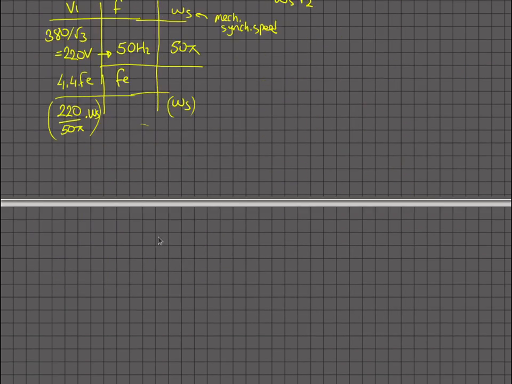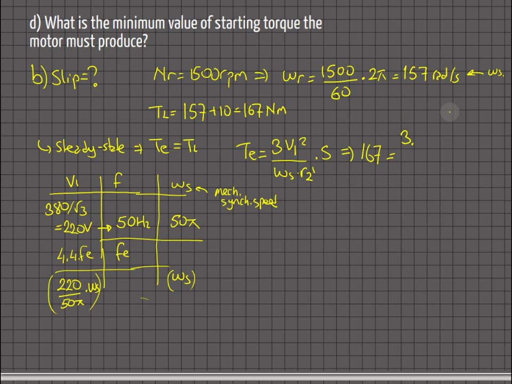So now I can put 220 divided by 50 pi times omega s, squared, instead of V1.